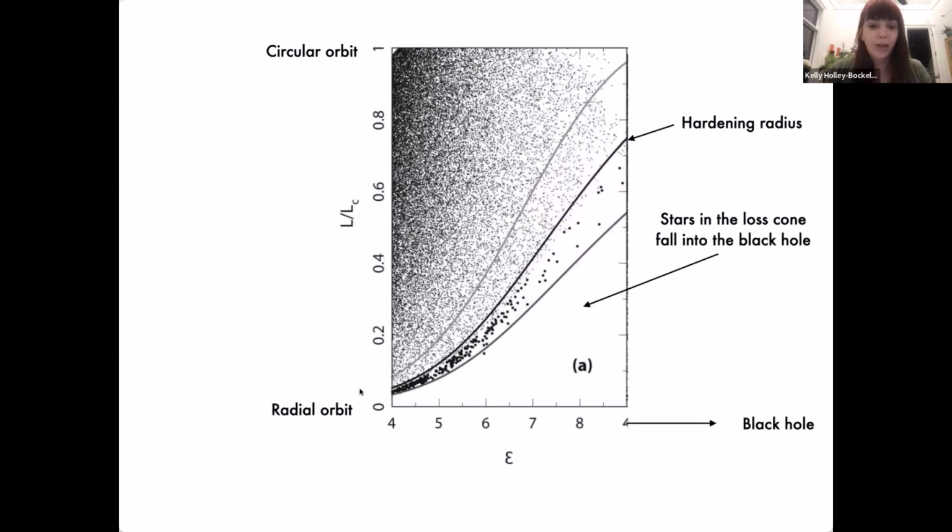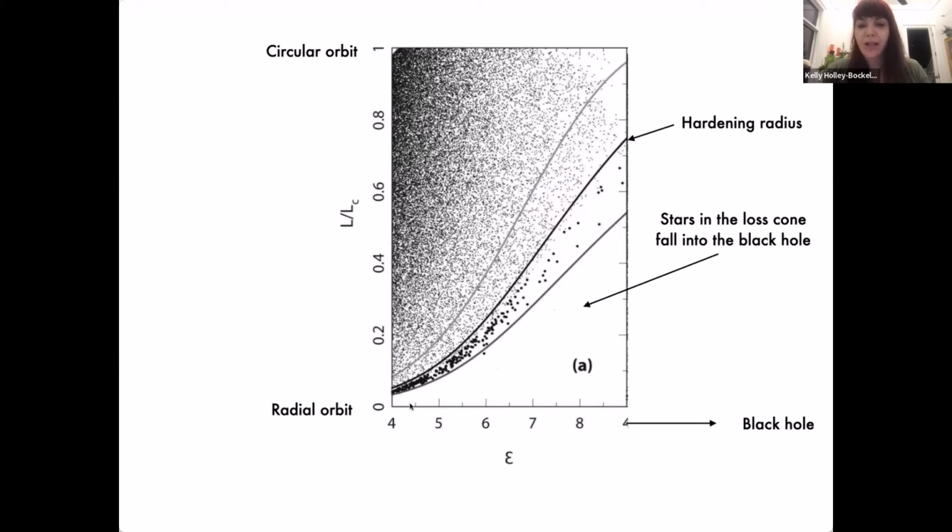So just really quick, this is angular momentum. And so essentially circular orbits are up here, radial orbits are up here, because it's sort of a ratio of angular momentum to the angular momentum that you would have at the same energy for a circular orbit. This is energy, but black hole is this way. And so you see a whole bunch of stars here, and you see this little empty space.